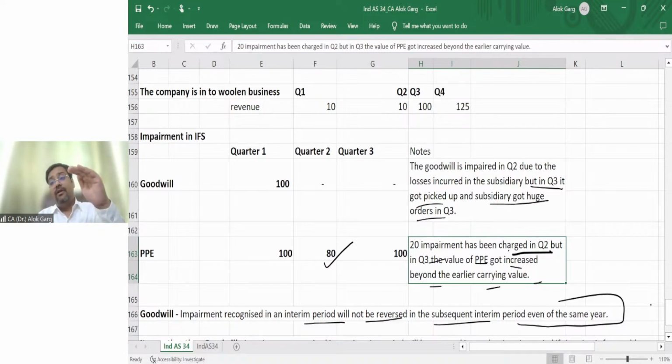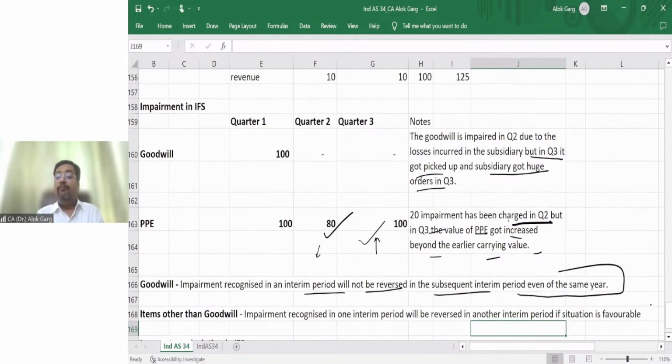The value of the land has been substantially increased. So in that case, in quarter three, the impairment which is recognized in quarter two needs to be reversed, and this PPE has to be remeasured. PPE has to be revised at its original carrying value. Is that clear?